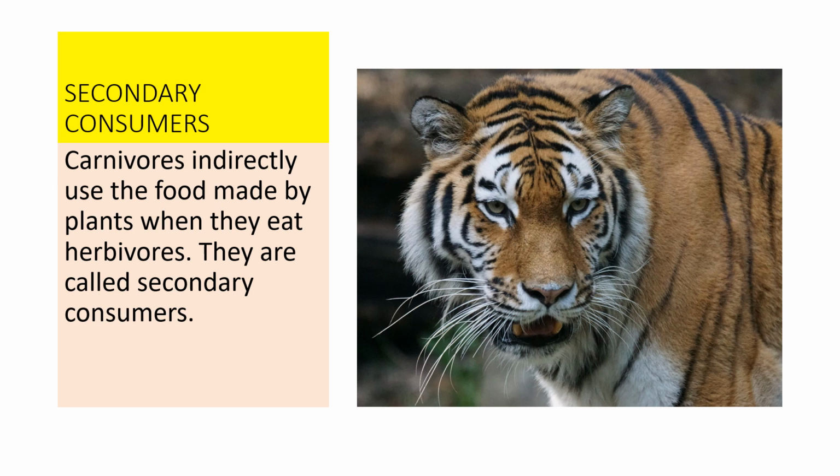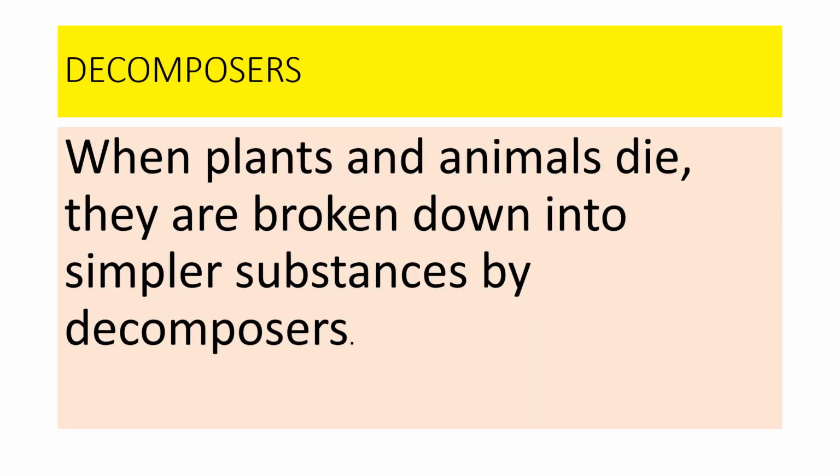They are called secondary consumers. Decomposers. When plants and animals die, they are broken down into simpler substances by decomposers.